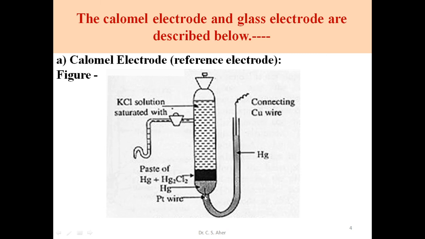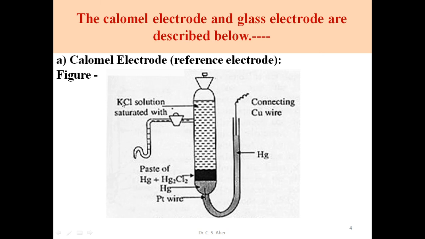The mercury is filled in this tube, and it is connected with the platinum wire, which is connected to the external circuit by using the copper wire. This mercury is in combination with mercury chloride. This dark, black portion is a paste made from mercury and mercury chloride.